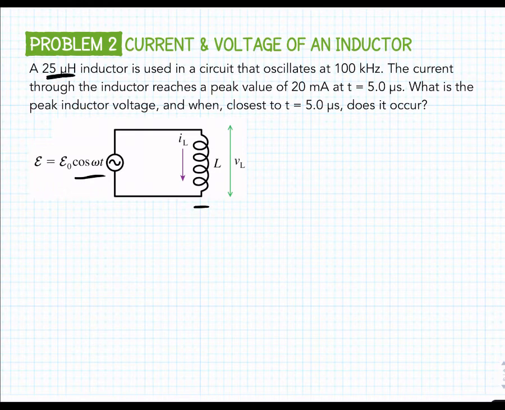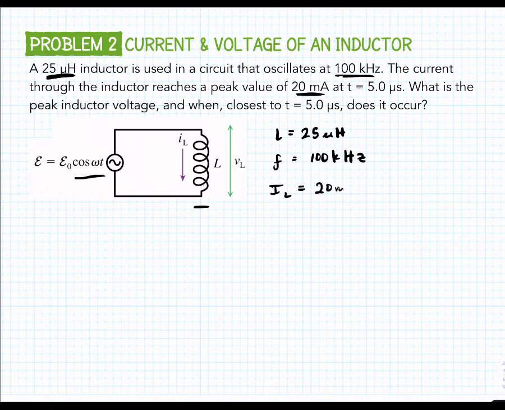And we know that the inductor is a 25 microhenry, so that's L. 25 microhenry inductor, okay? We know its frequency, which is F, is 100 kilohertz, okay? And the current through the inductor reaches a peak value of 20 milliamps at 5 microseconds.